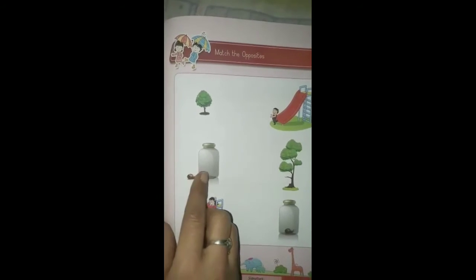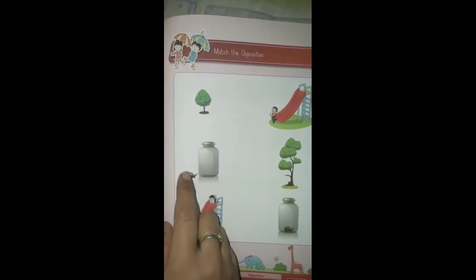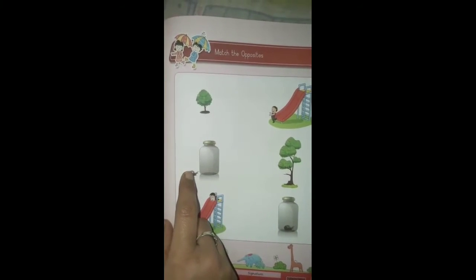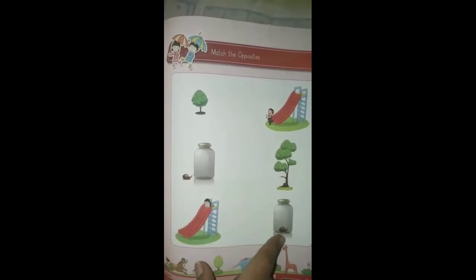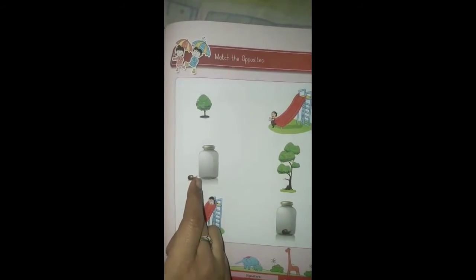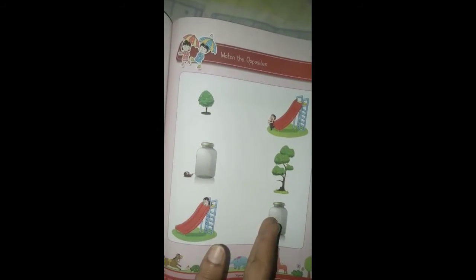So this snail is out of the jar, and in this picture you can find that the snail is in the jar. So the opposite words are out, in, out, in. Okay, and come on to the next picture.